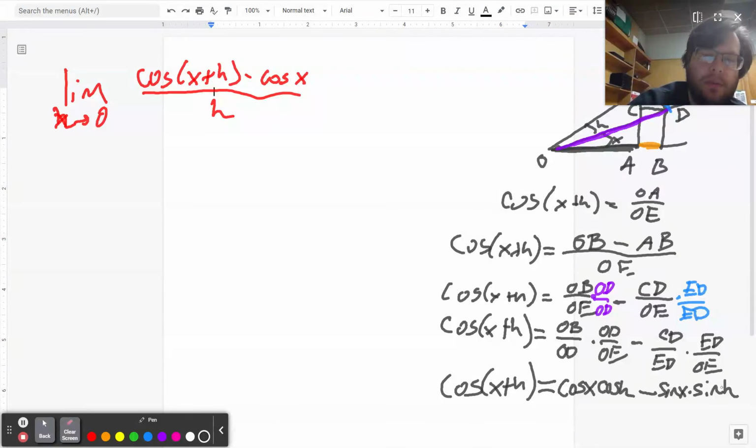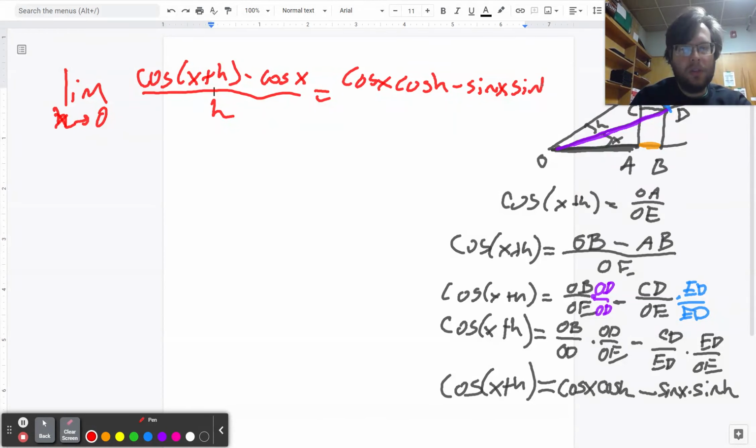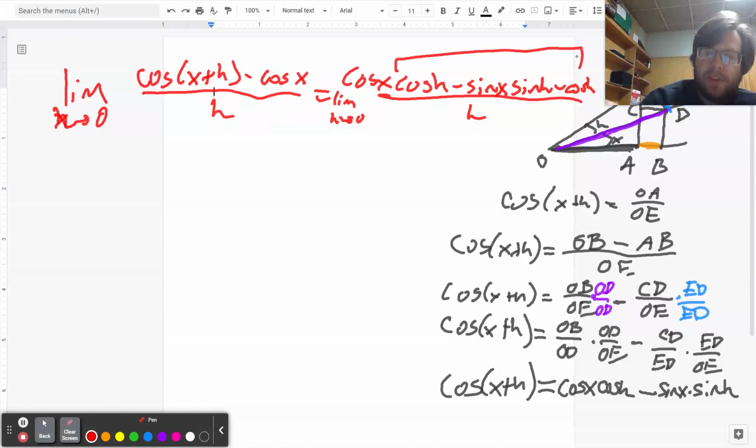So now we can set up the first step of our proof. This becomes cosine x cosine h minus sine x sine h minus cosine h, all over h. And of course, we're still taking the limit as h approaches 0. I noticed that these two guys both have a cosine h in common. So I'm going to split it up into two different pieces here.